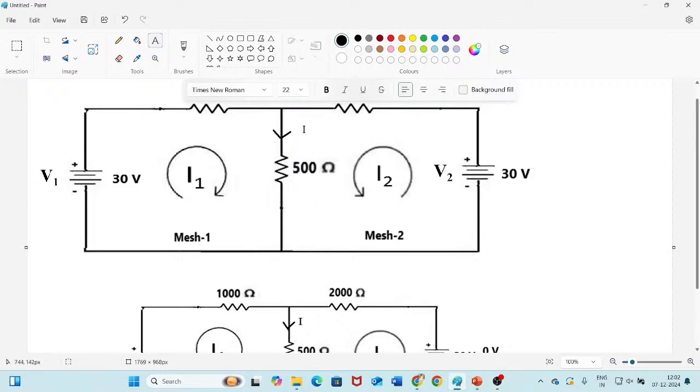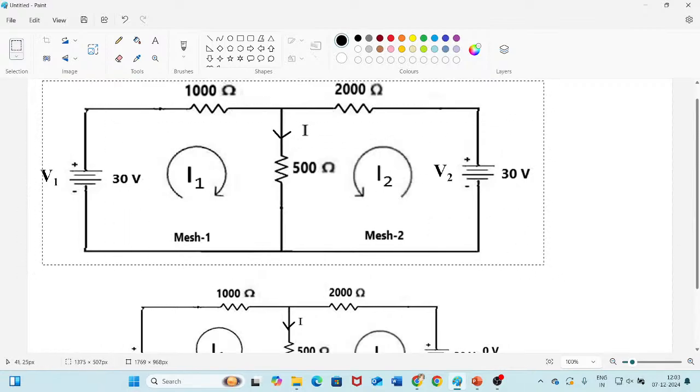This is it. This is my I. So I amperes of current is flowing through this 500 ohms when both sources V1 and V2 are present in the given circuit.